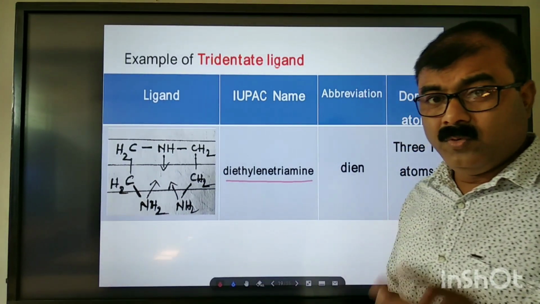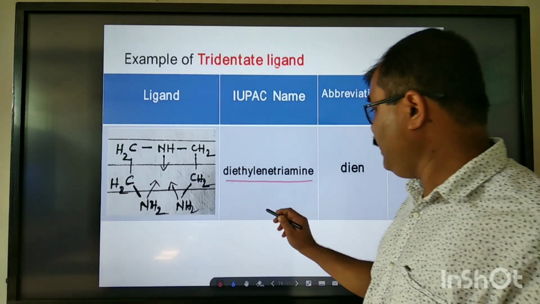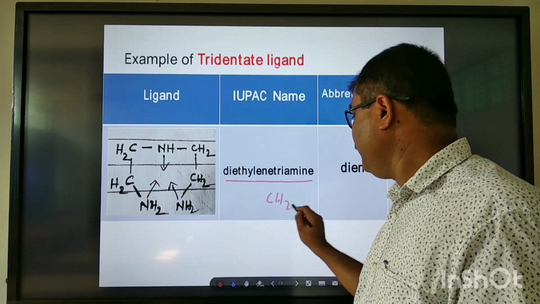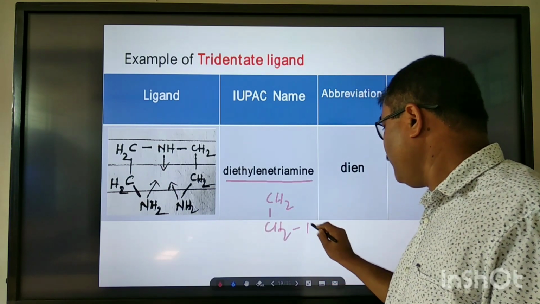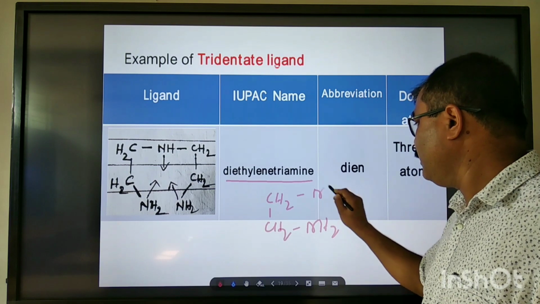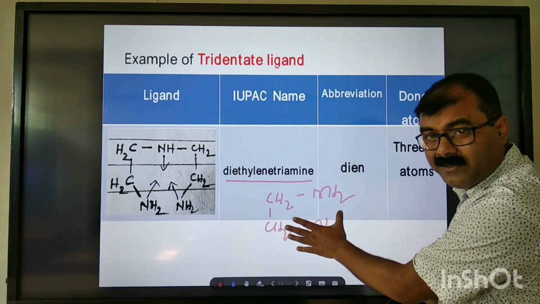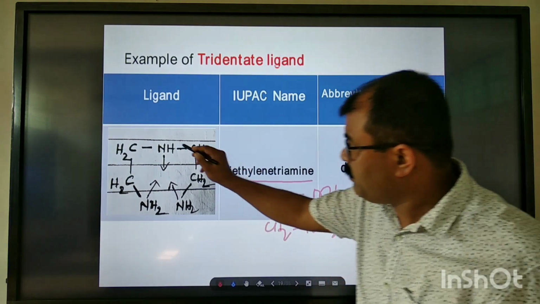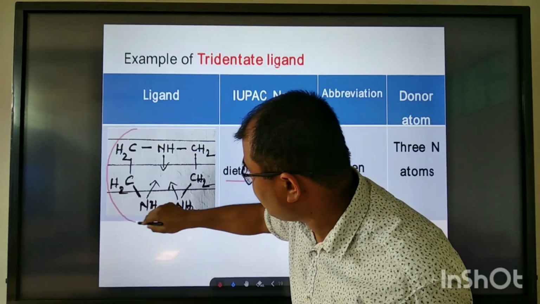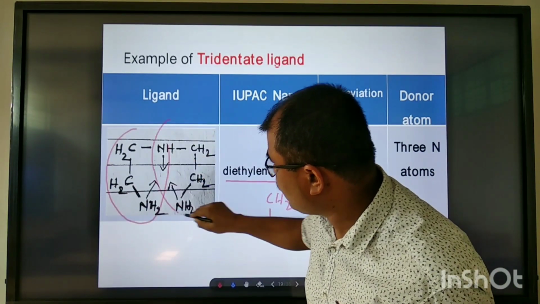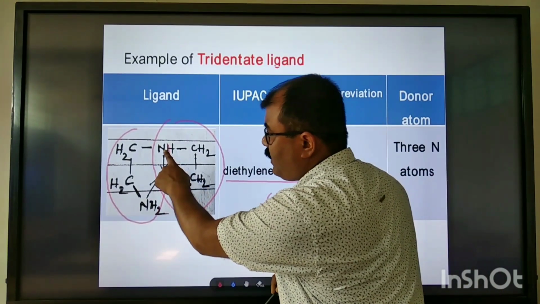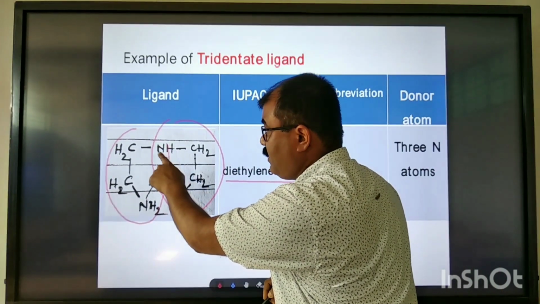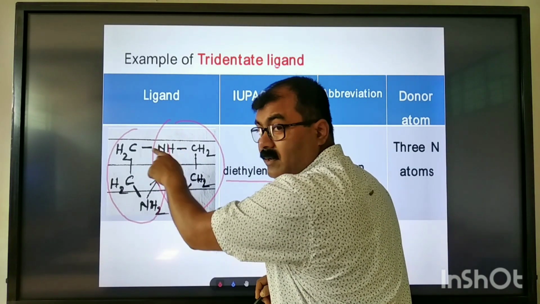What is the meaning of diethylene triamine? You see, we know the ethylene molecule. Just now we have learned ethylene. See, this is ethylene. If 2 ethylene molecules are joined by one nitrogen, this is the bridging.